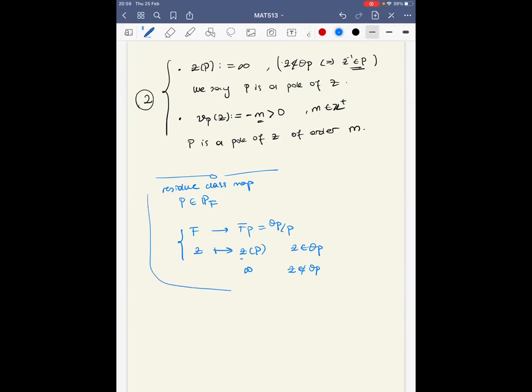Now let me elaborate a bit on this structure for the degree 1 places, so the rational places.